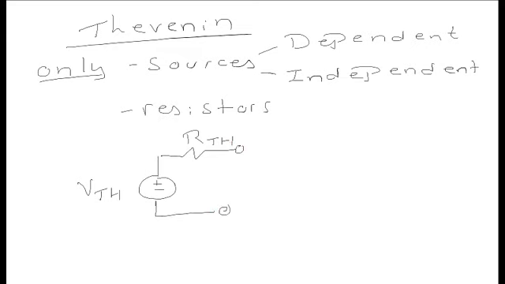We typically have these two terminals, and we say our load goes here. Usually our load would be a resistor, but it doesn't have to be. It could be any circuit component.